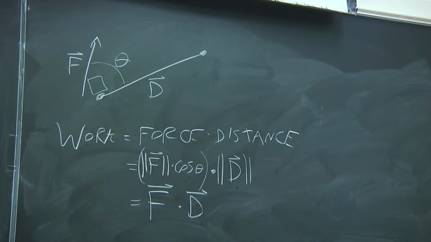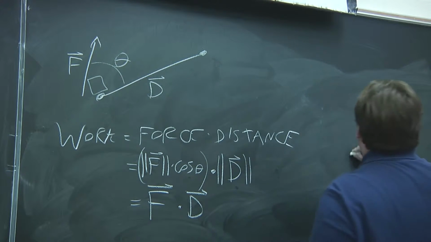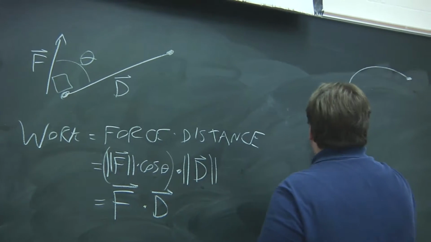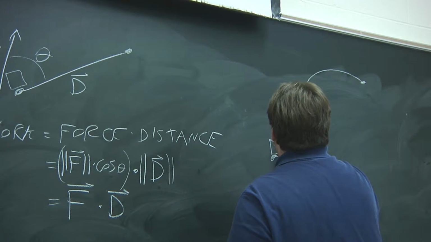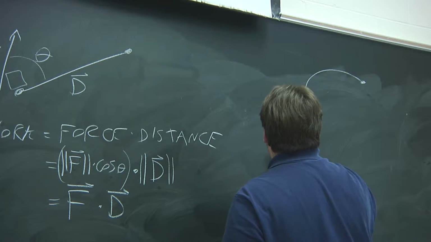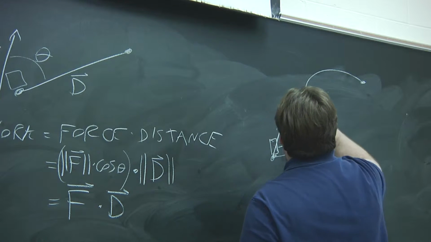That's not necessarily the direction that the object is going in. So once again, we have our curved path. Our object is moving along the path, but the force is a vector field. Let's say it's going this direction, something like this.